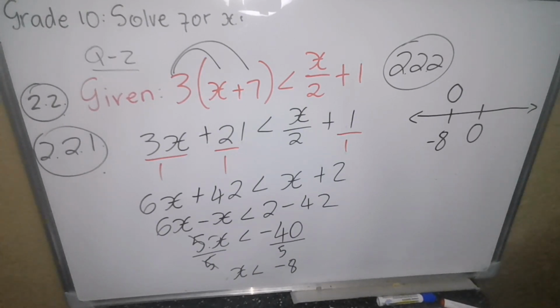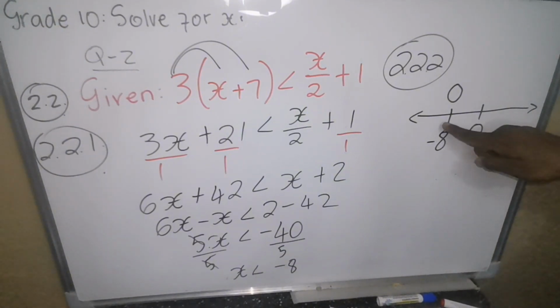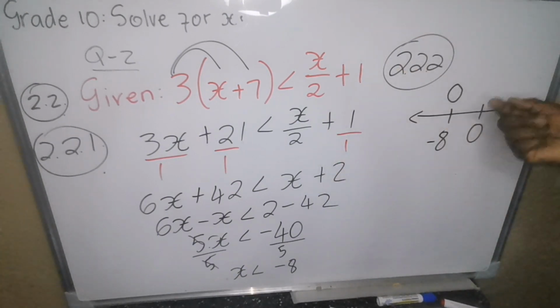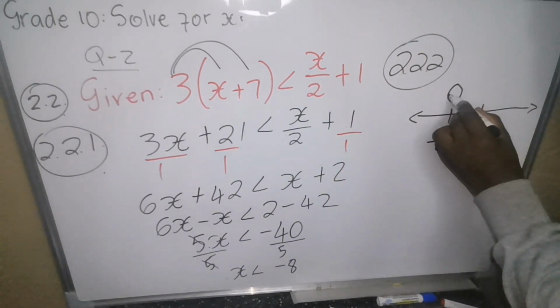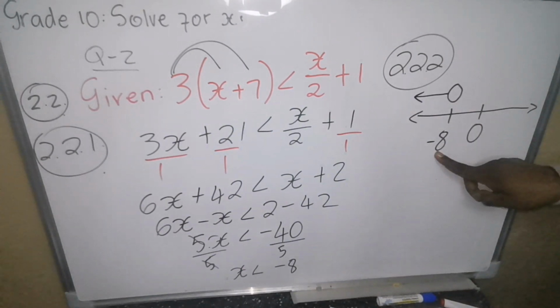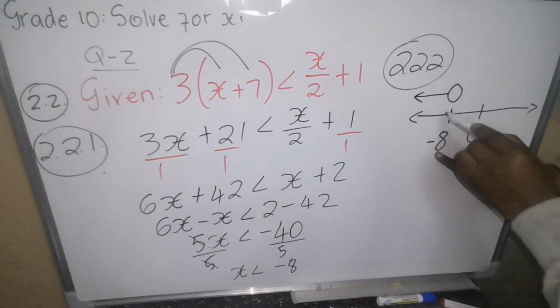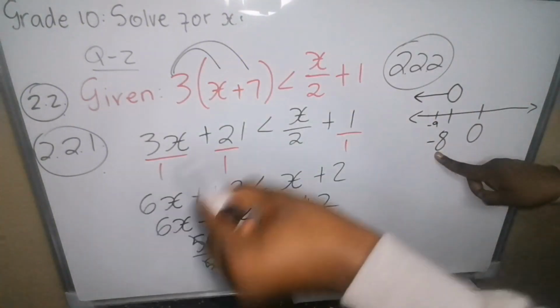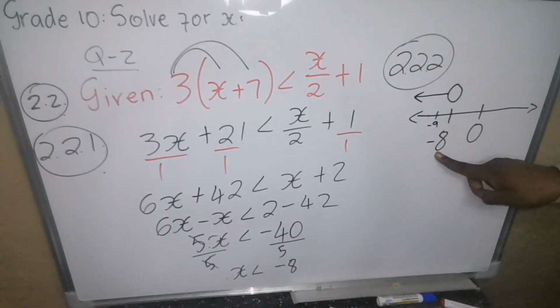The numbers are saying negative 8. Negative 9, negative 10, negative 12. I take a left in here. To this side, we find values that are smaller than negative 8. Which means negative 9, negative 10, negative 12, negative 1000. Those values are smaller than negative 8.